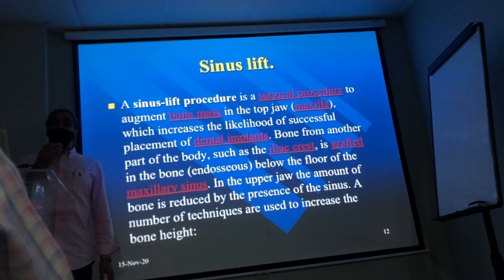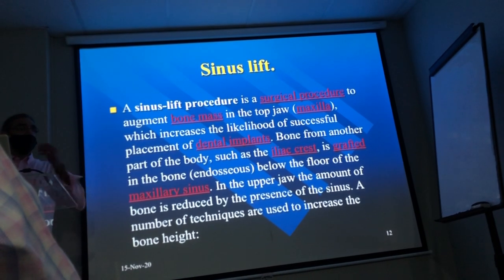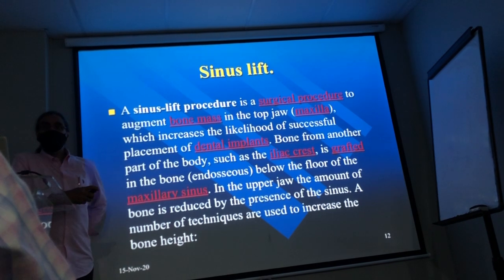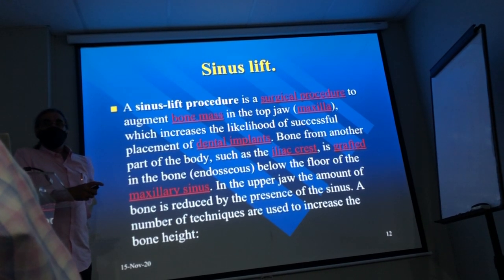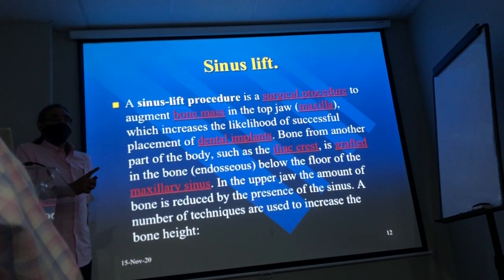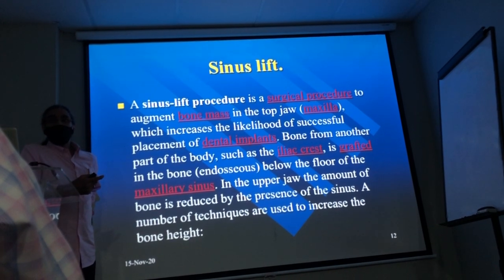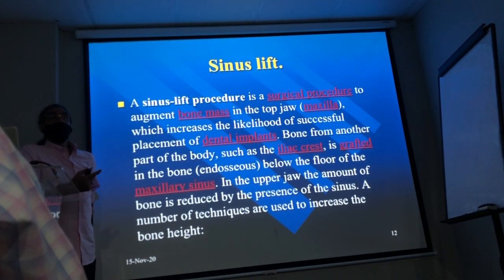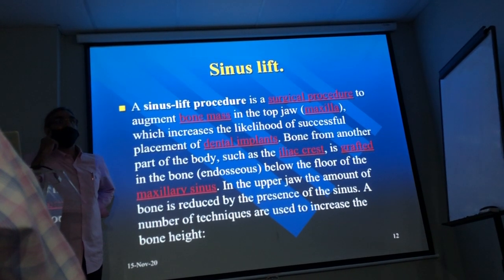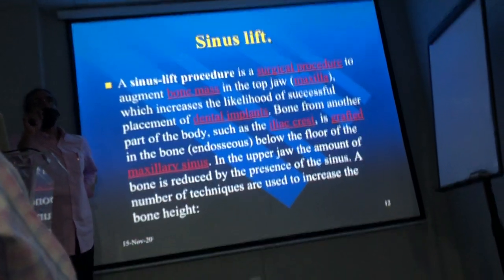Number two, chin grafts or mandibular grafts and ramus grafts. What was Dr. Khurma talking about yesterday, that where will the most viable platelet cells come from? Narrow spaces. So compared to the maxilla or the mandible, which has more cortical bone? Mandible. So taking a graft from the chin or the ramus, posterior ramus, it is thick cortical bone with very little marrow or cancellous bone.